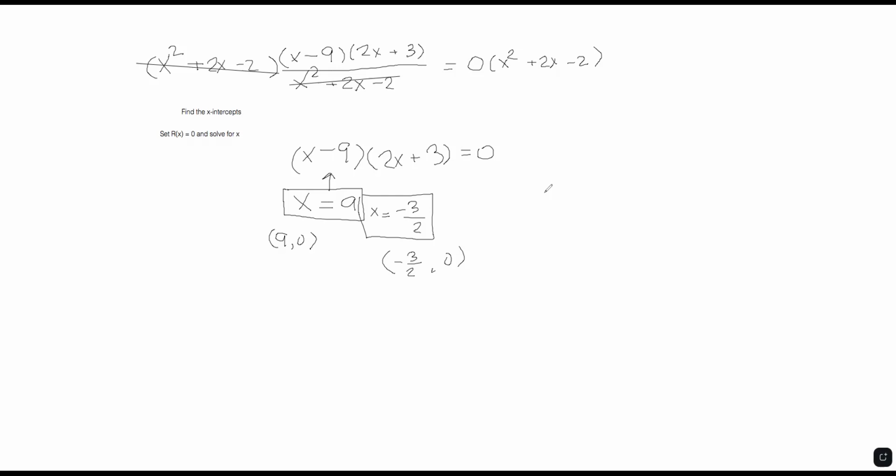Because of the step that we were doing, where we had to solve for x, and then we graphed it with the rational function, which is x minus 9 over 2x plus 3. So you factored it just like we did just now, and maybe you got positive instead of negative. That's what I did. I did the work on a separate paper, and it gave me the x-intercepts of the function r. Okay.